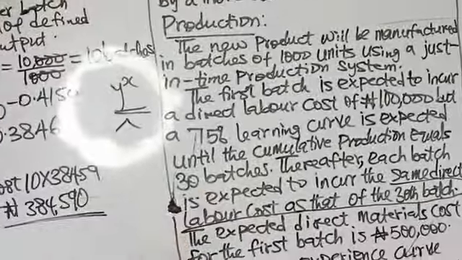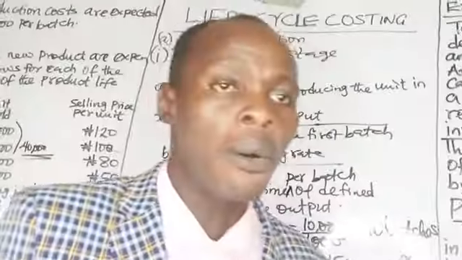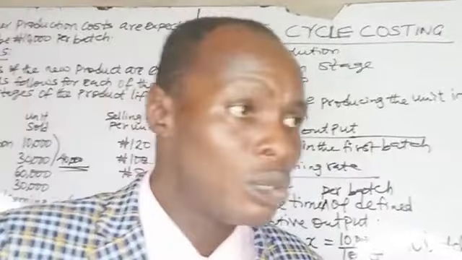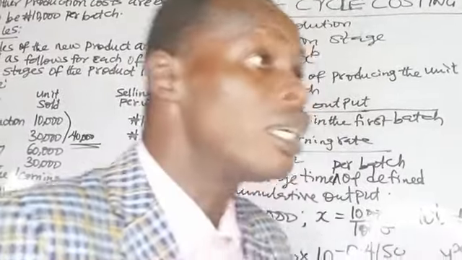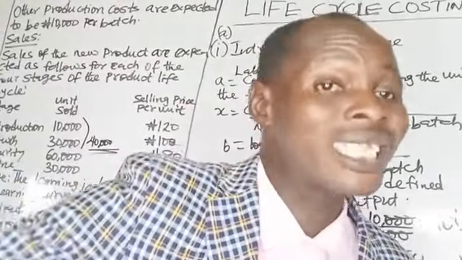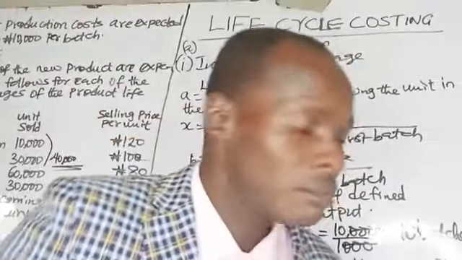So, since the learning will stop at the 30th batch, you will need to determine the cost that will be incurred in the production of that 30th batch.